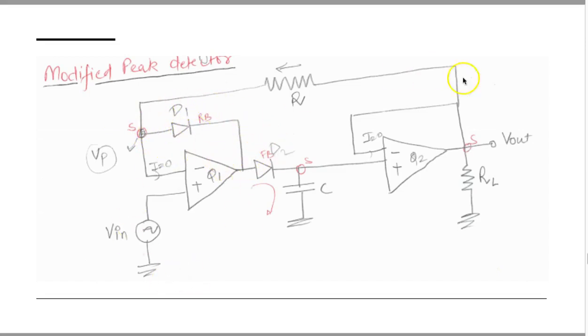So if you use this, the circuit will be much faster, and another operational amplifier is connected, which basically holds the voltage which you are getting here, so that a constant voltage can be maintained.